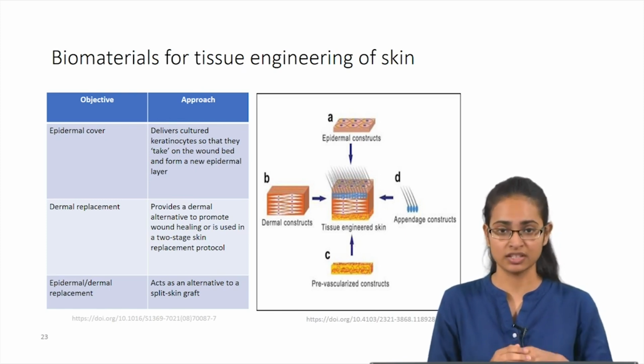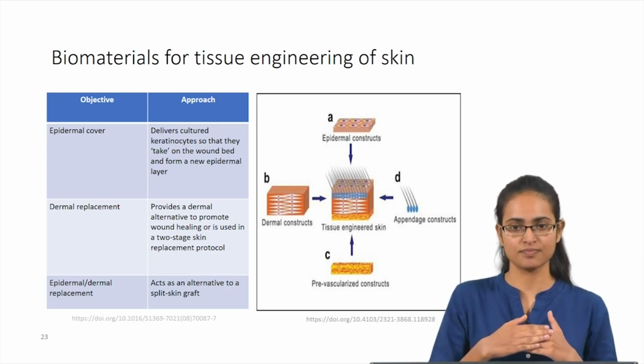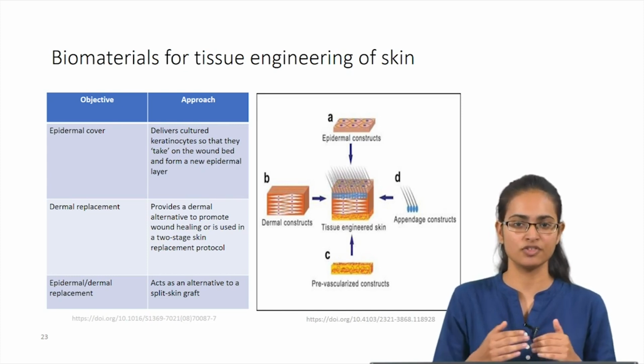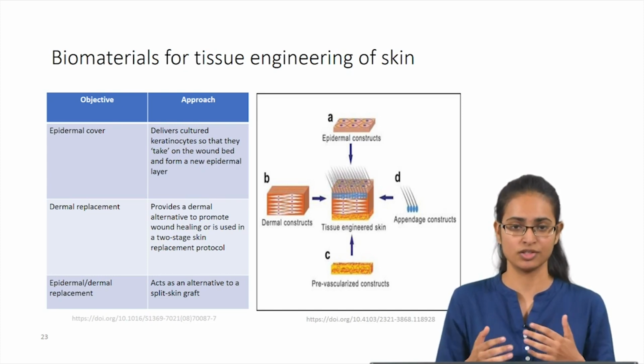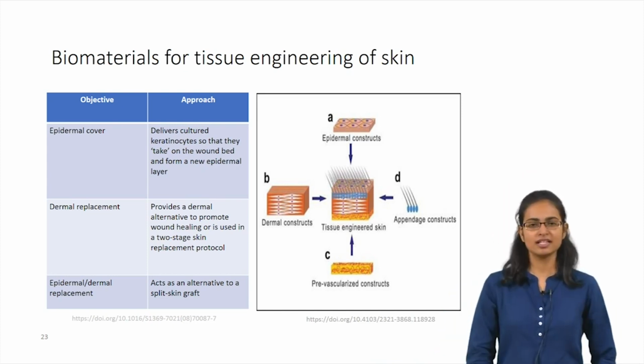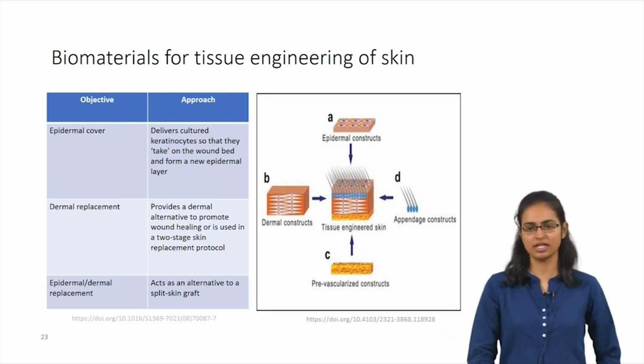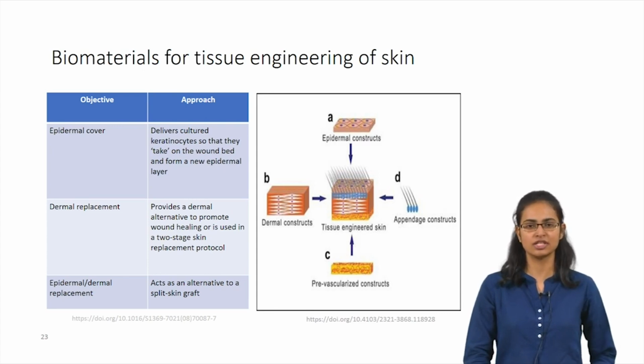Like we discussed, if the thickness of the graft is much higher, then diffusion alone is not sufficient to provide gases and nutrients. In the next lecture, we will look at different materials that can be used for skin tissue engineering, and we will also look at various fabrication techniques that are used to synthesize tissue engineered skin grafts.